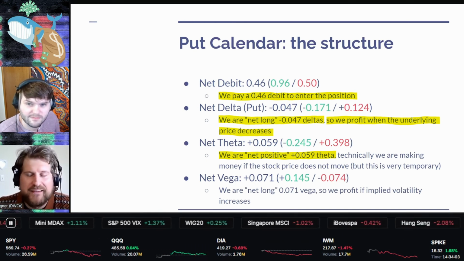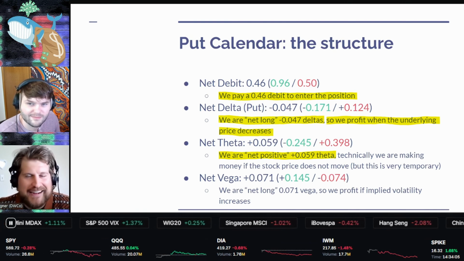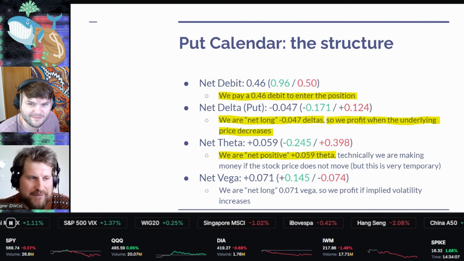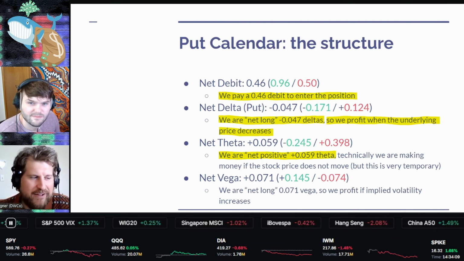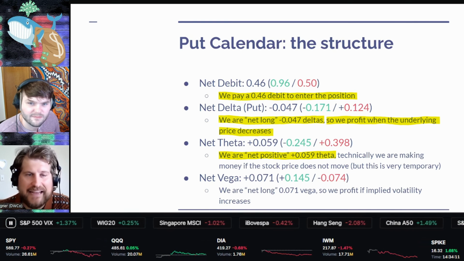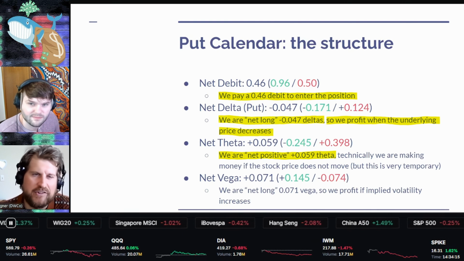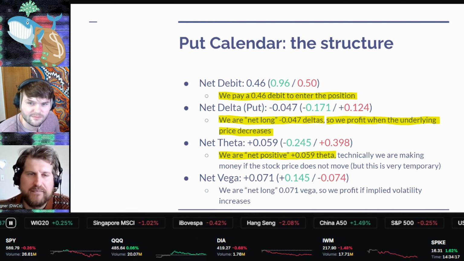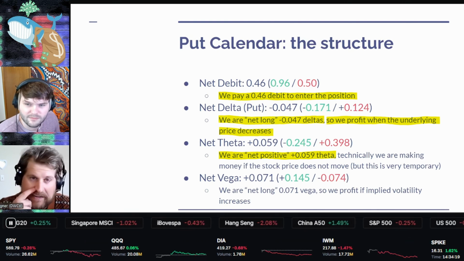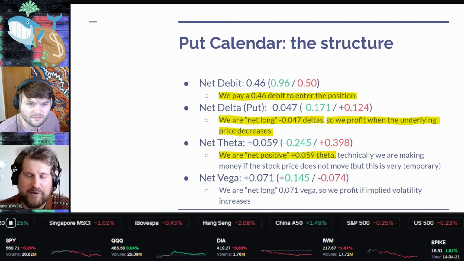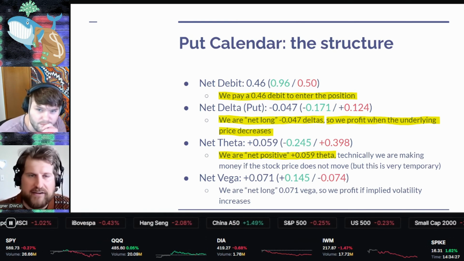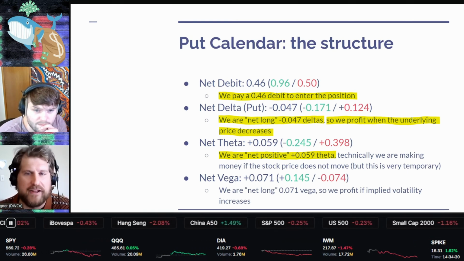So a few slides ago, I described this type of calendar spread as being convex. And what I mean by convex is that it's long gamma. So gamma's working in your favor. The value of this calendar spread can ramp up really aggressively, right?